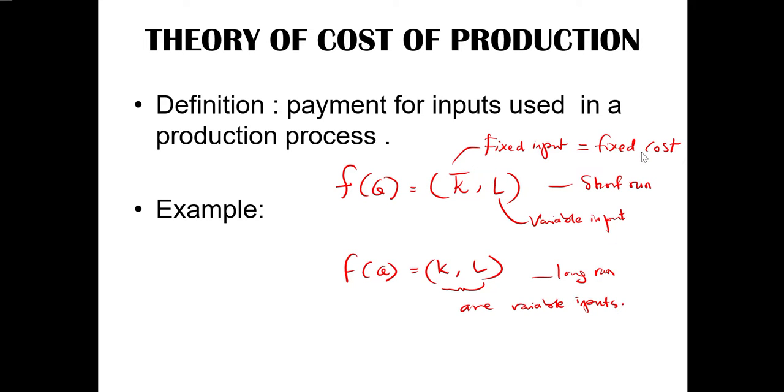Tapi bear in mind, fixed input sentiasa wujud kan, kecuali kalau kita tutup bisnes kita. So when this always existed, fixed cost pun akan always existed. Even though for example macam sekarang ni kan, MCO, kita tutup perjalanan kedai kita, for example macam kedai makan kan, dia hire pekerja upah gaji hari.